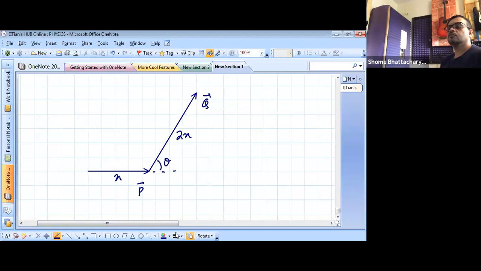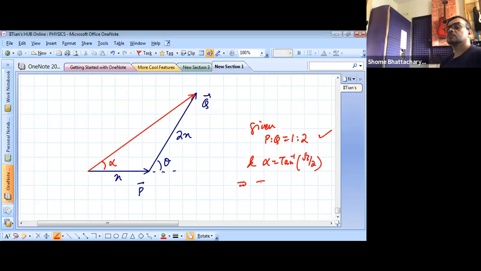This angle is unknown, but whatever the resultant is, it makes an angle of tan inverse root 3 by 2 with P. So given that P is to Q is 1 is to 2, which we already took care of, and alpha is equal to tan inverse root 3 by 2, or in other words, tan alpha is root 3 by 2.